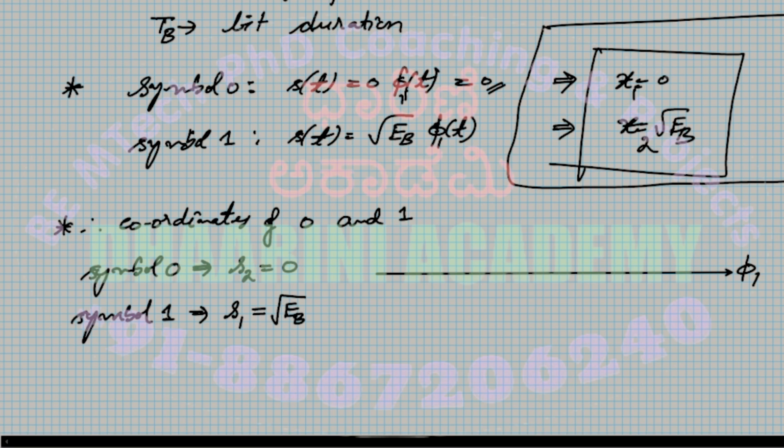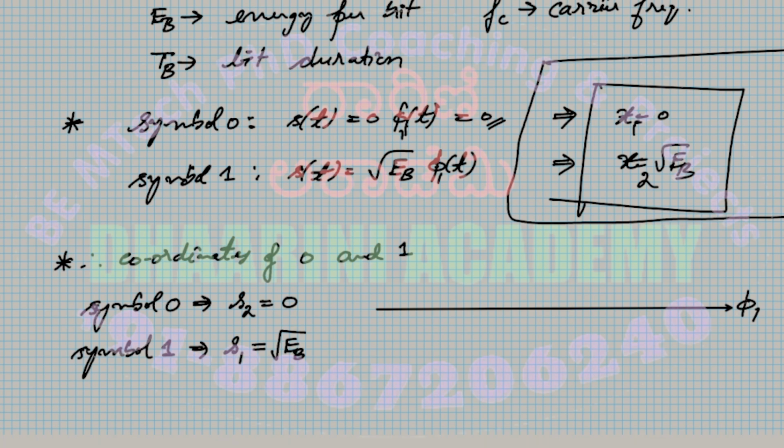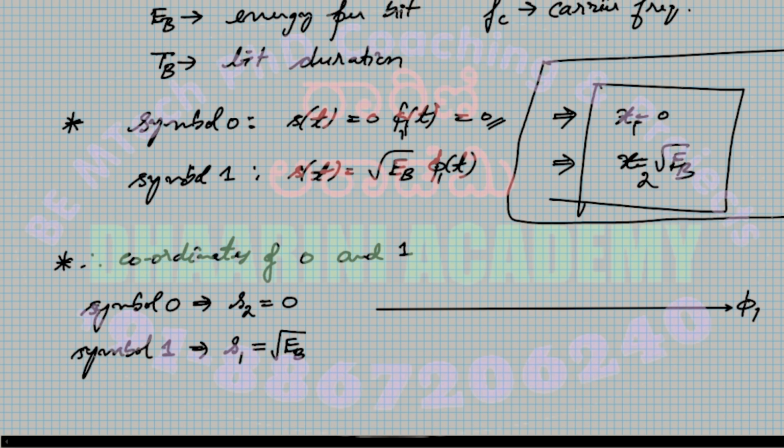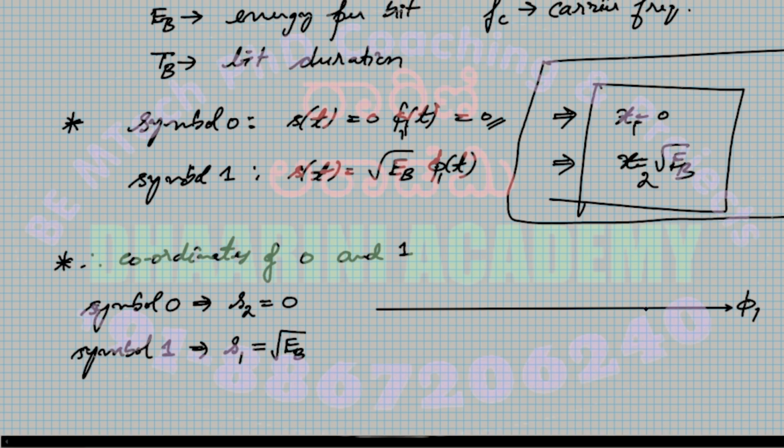So you see, we made one comment earlier saying that I need only one basis function to generate the ASK. The same thing I can convert into another format. I can make the statement in a different way now, saying that the ASK signal can be represented as a one-dimensional signal, in the sense, when you use only phi 1, only the displacement you are measuring.